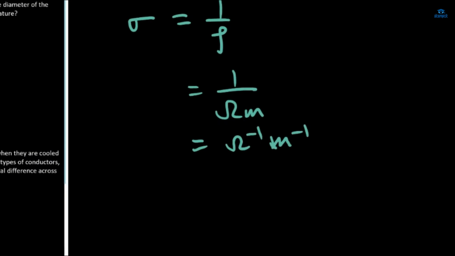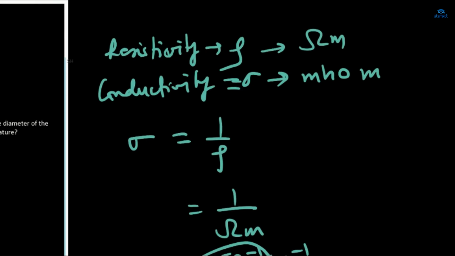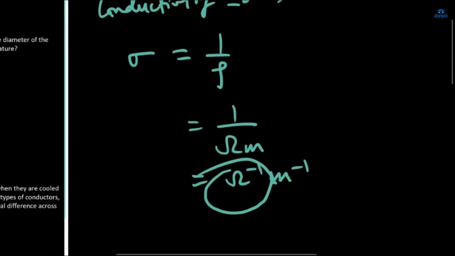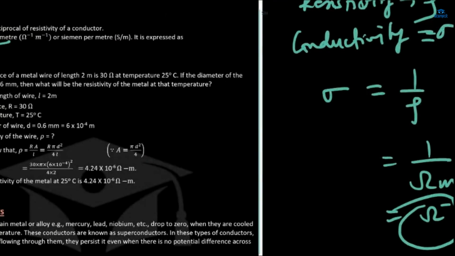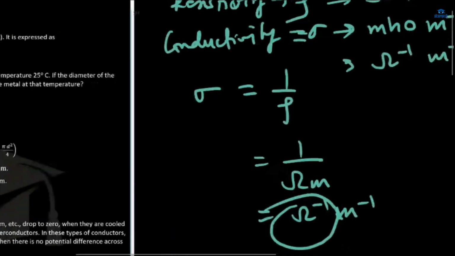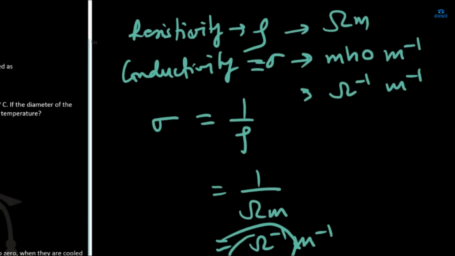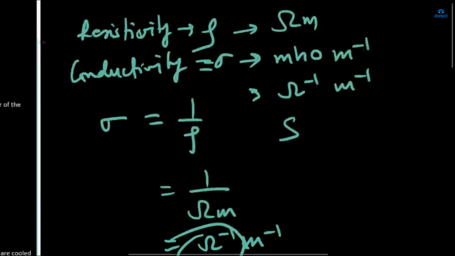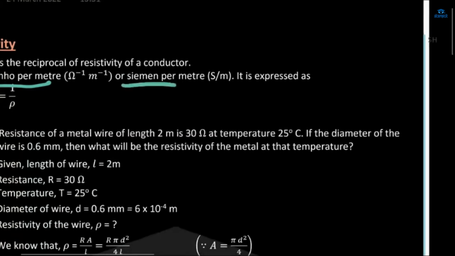And per ohm we call mho, so mho per meter. Also you can write per ohm per meter. And one more thing: per ohm is also called Siemens, so the unit is Siemens per meter.